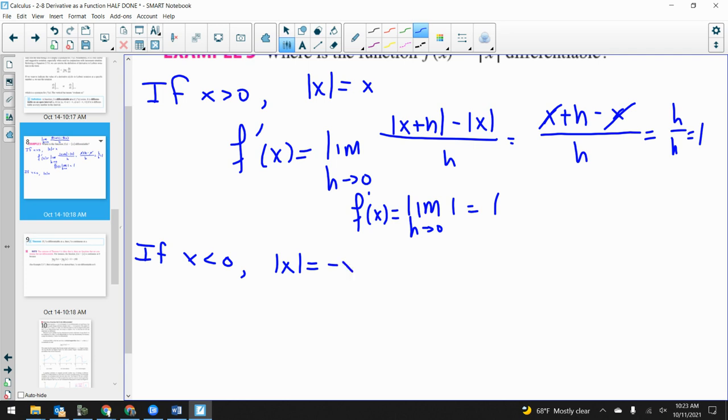The opposite of x. See, if it was negative 2, I'd need to make that negative cancel out by just taking a negative in front of it. Negative 2 turns into positive 2. Well, if that's the case, then f prime is going to turn into this. It's the limit as h goes to 0 of, okay, it's still the same thing, the absolute value of x plus h minus the absolute value of x all over h.